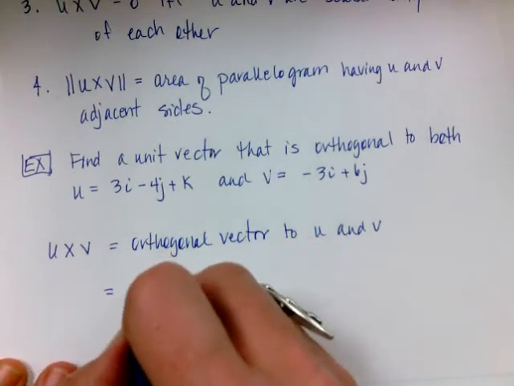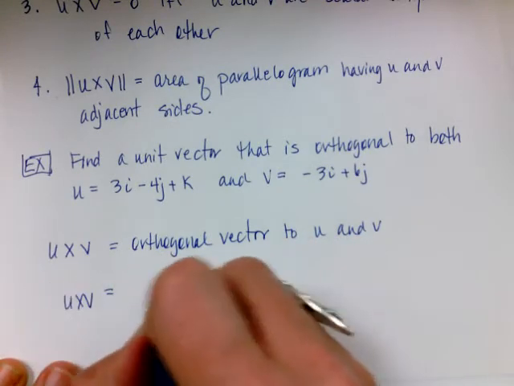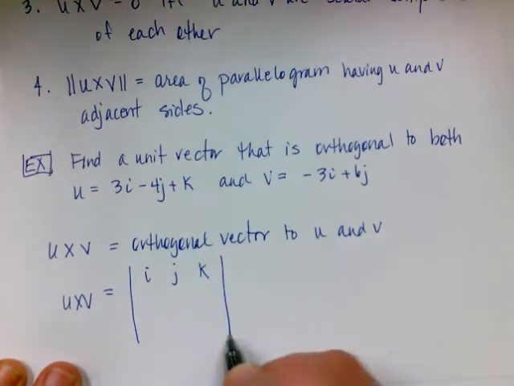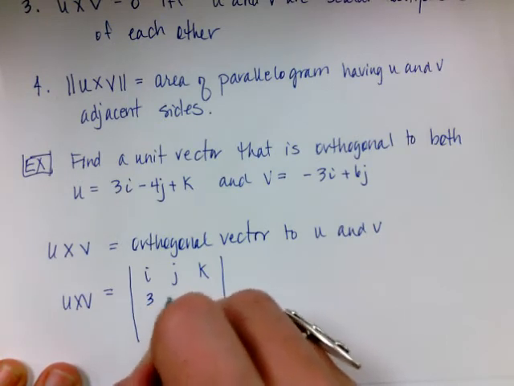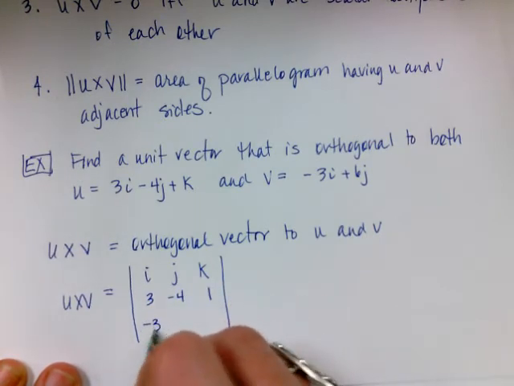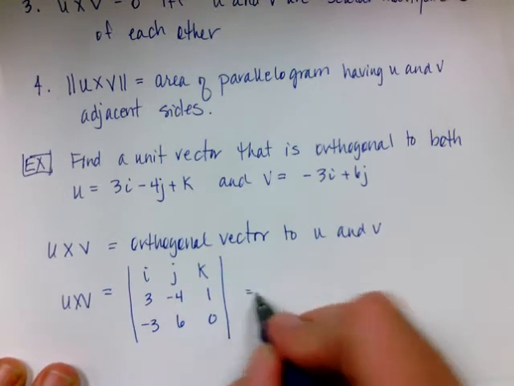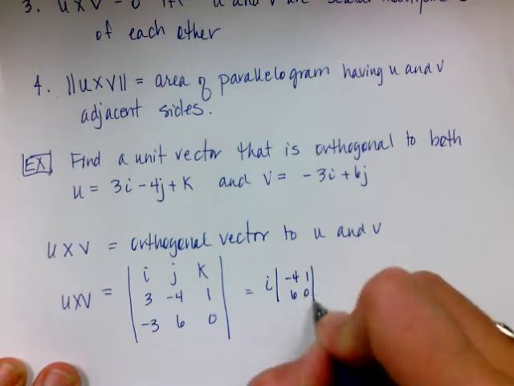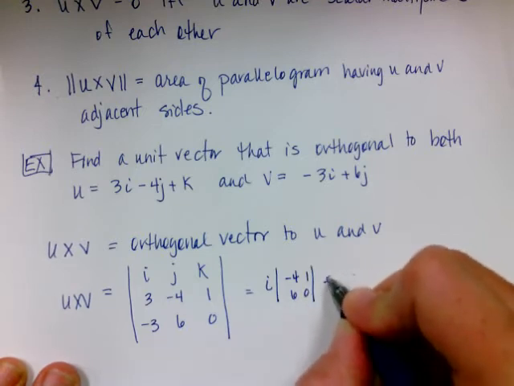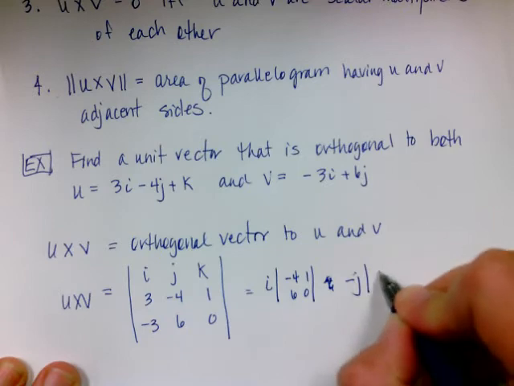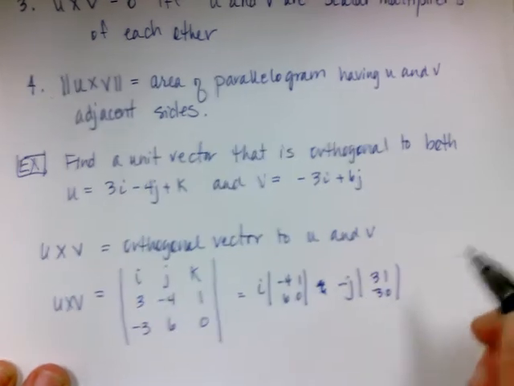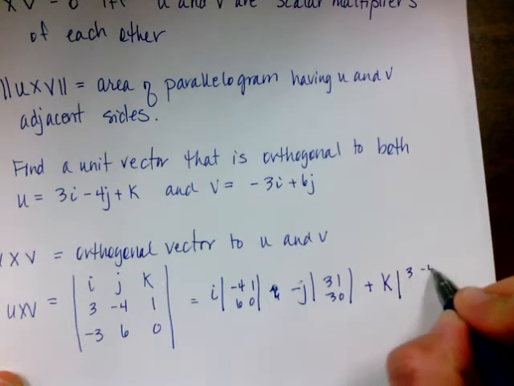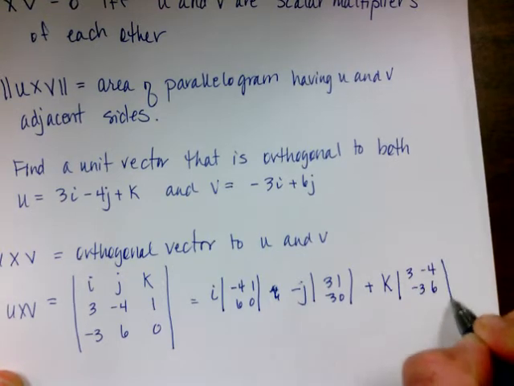Okay, so I'll write u cross v, and I'm going to drop it into my i, j, k determinant matrix. So u comes first, 3, negative 4, 1, then negative 3, 6, and 0. So this is going to be i times the determinant of negative 4, 1, 6, 0, minus j times the determinant of 3, 1, negative 3, 0, and then plus k times the determinant of 3, negative 4, negative 3, 6.